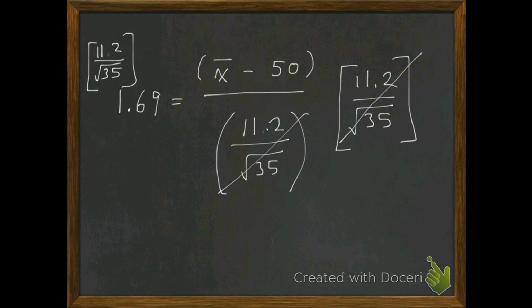Now I'm going to do this on my calculator. So I'm going to multiply this times 11.2 divided by the square root of 35. And on the left hand side I get 3.20 and some stuff. Now what I'm left with on the right hand side is just x bar minus 50, so equal 3.2. So gang, obviously what I need to do now is add 50 to both sides.